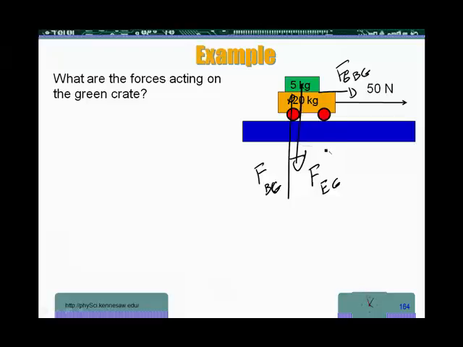Now, these two along the vertical are going to be balanced. The one along the horizontal is not balanced, and it's going to be equal to our net force, and that's going to be the one that causes the crate to accelerate forward.